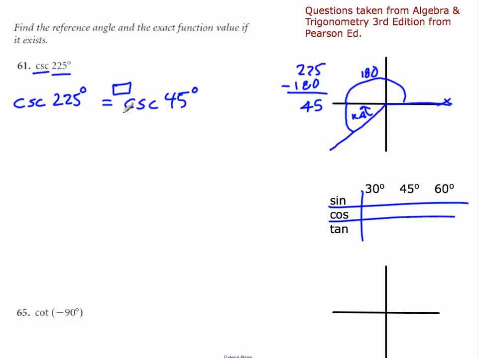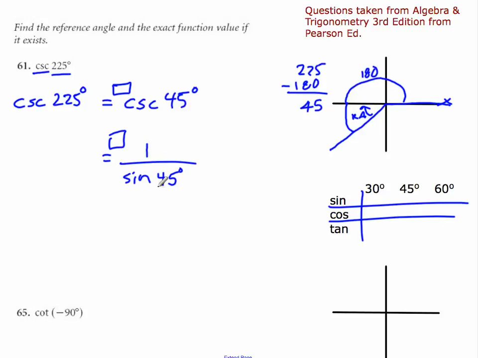Cosecant always changes the first letter, so it's the reciprocal of sine. So cosecant of 45 is the reciprocal of sine of 45 degrees, again with an accompanying plus or minus if I need to.